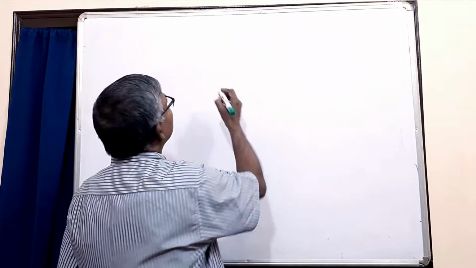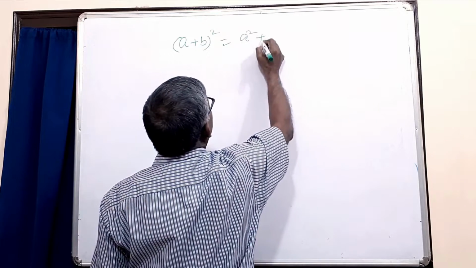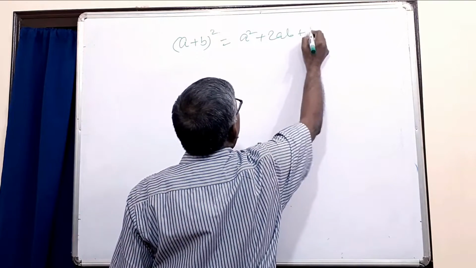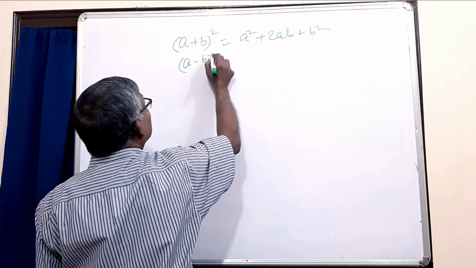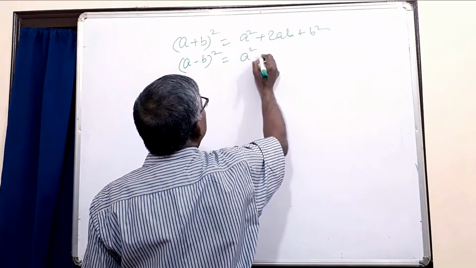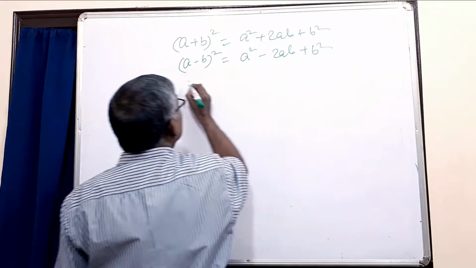Students, let us see again. A plus b whole square equal to a square plus 2ab plus b square, and a minus b whole square equals to a square minus 2ab plus b square.